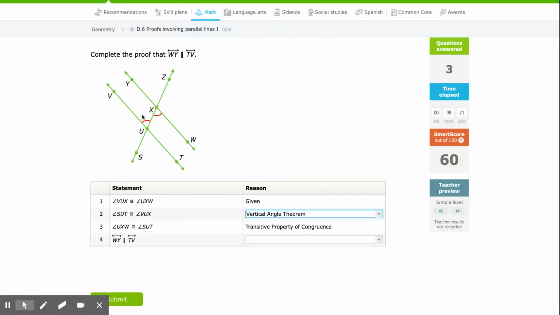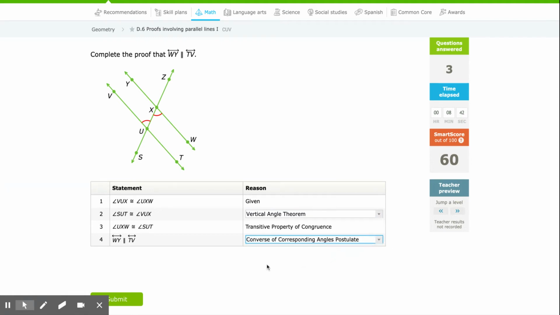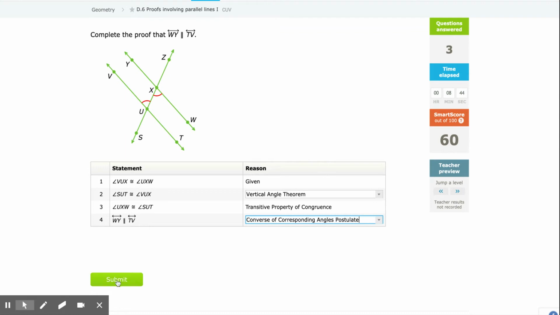Then, since that's congruent to that angle and that angle is congruent to that angle, by the transitive property of congruency, we know that this angle here, angle UXW, is congruent to angle SUT. Well, we have corresponding angles now that are congruent. Since we have corresponding angles, by the converse of the corresponding angle postulate, we know the two lines are parallel.